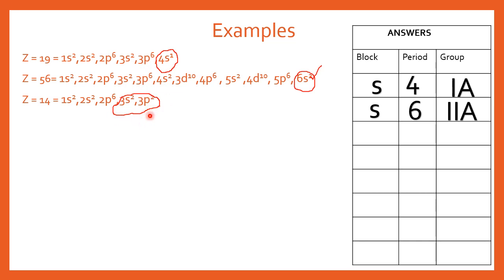Now look, the last electron is going to enter the p orbital. Though s is present in the valence shell, and p is present in the valence shell, when you check the sequence, first electrons enter the s orbital and finally they enter the p orbital. So the last entering electron will decide the block. As the last electron enters here in the p orbital, that's why this element belongs to the p block.